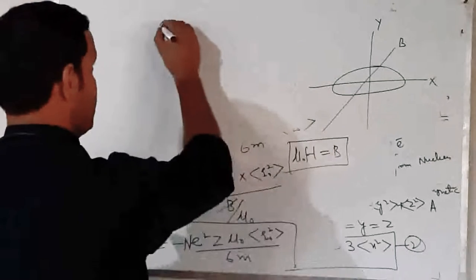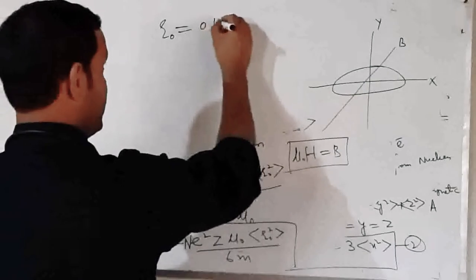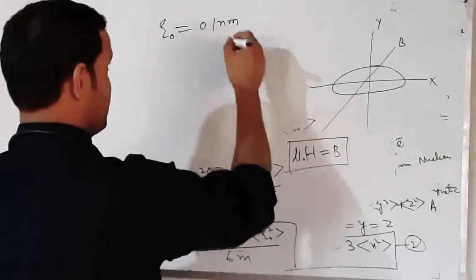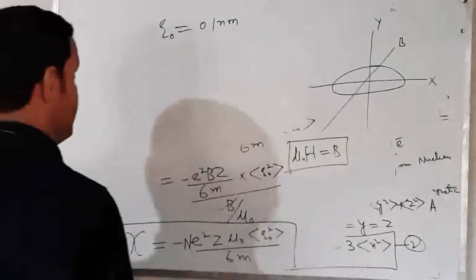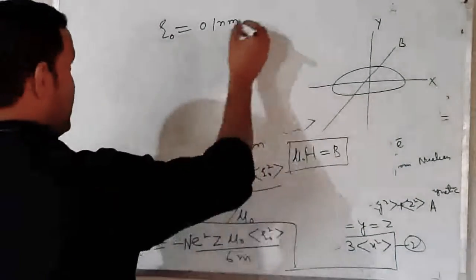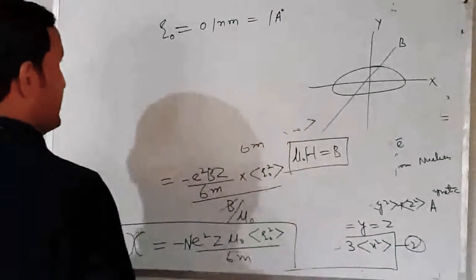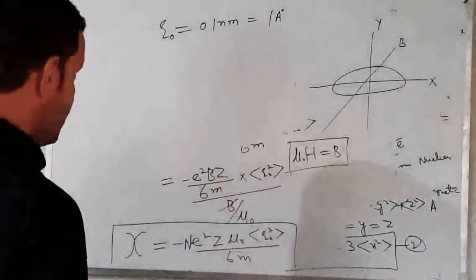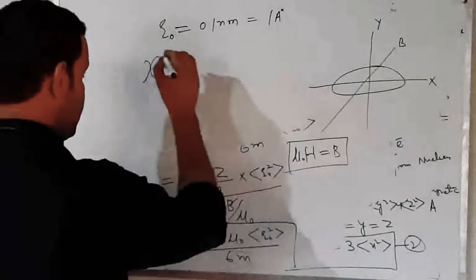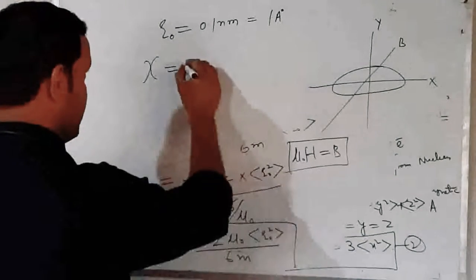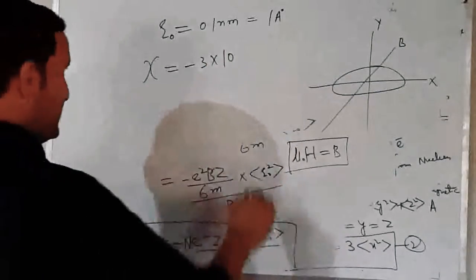If r naught is equal to 0.1 nanometer, that is 1 into 10 to the power of minus 10 meter, that is 1 angstrom, the calculated value for diamagnetic susceptibility will be minus 3 into 10 to the power of minus 6.